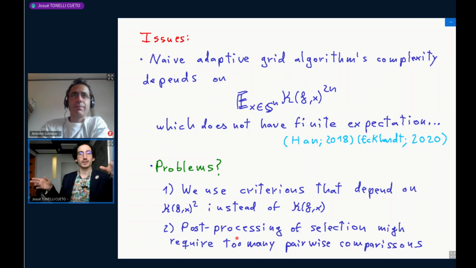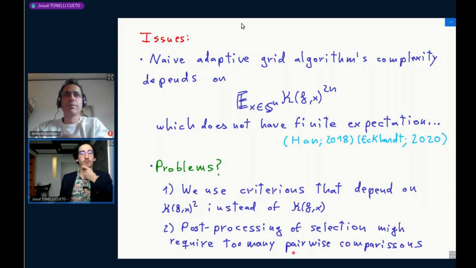Maybe there are redundancies, and you have to get rid of them, or combine the information in a way that you can read it easily. The problem there is that you might have too many pairwise comparisons.